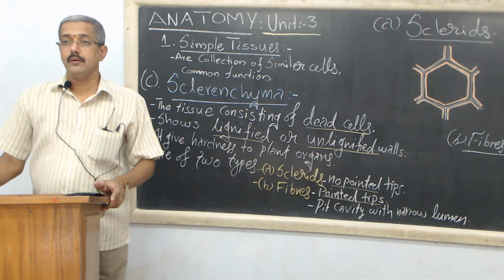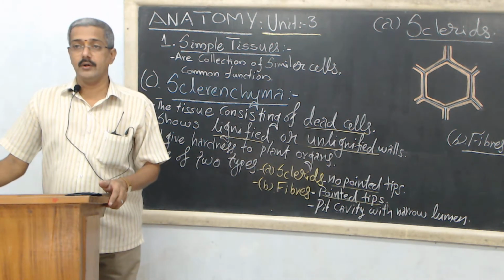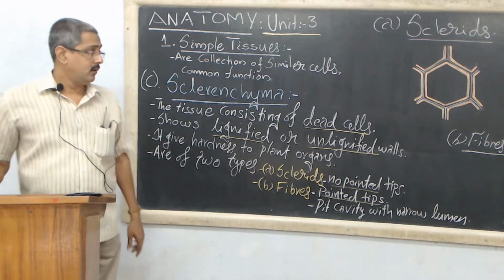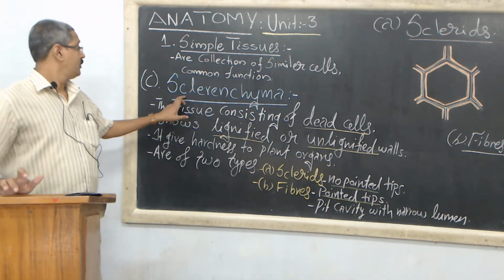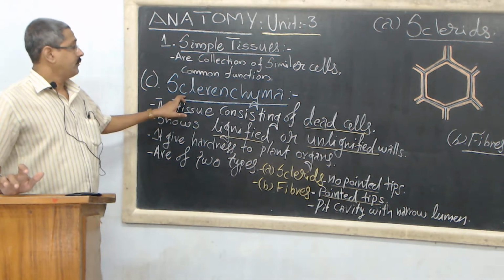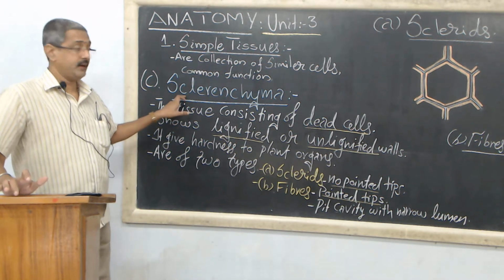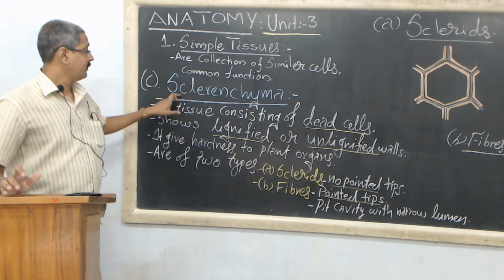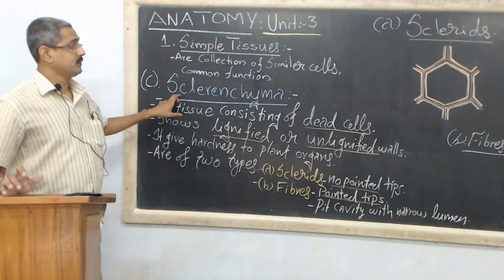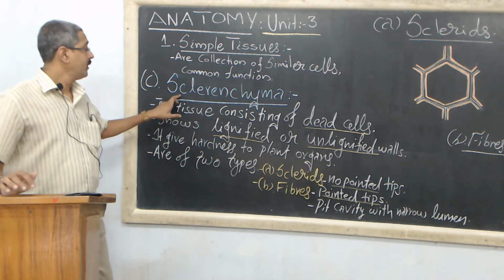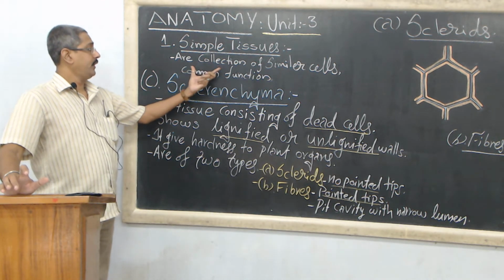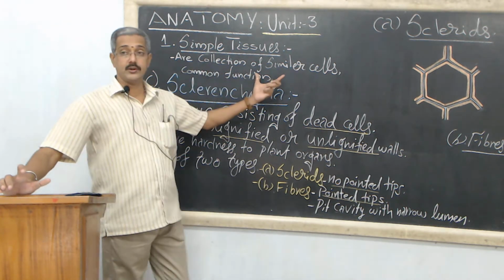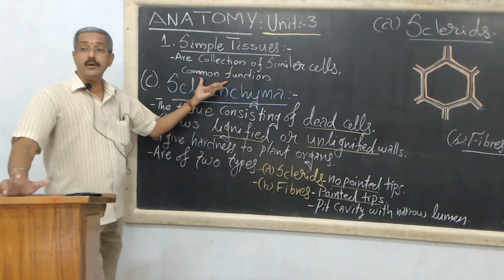Good morning. In this session, we are discussing the next kind of simple tissue from the fundamental tissue, after the parenchyma. The third type of simple tissue is differentiated, and it is also a collection of similar cells with a common function.